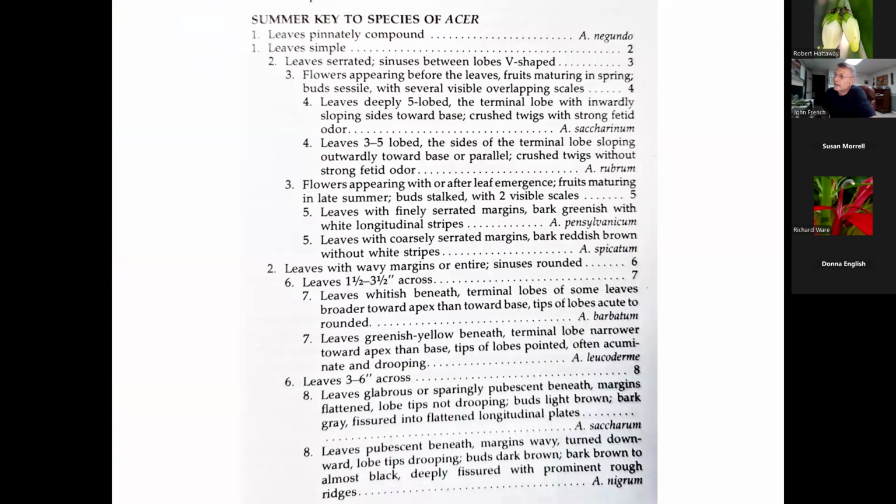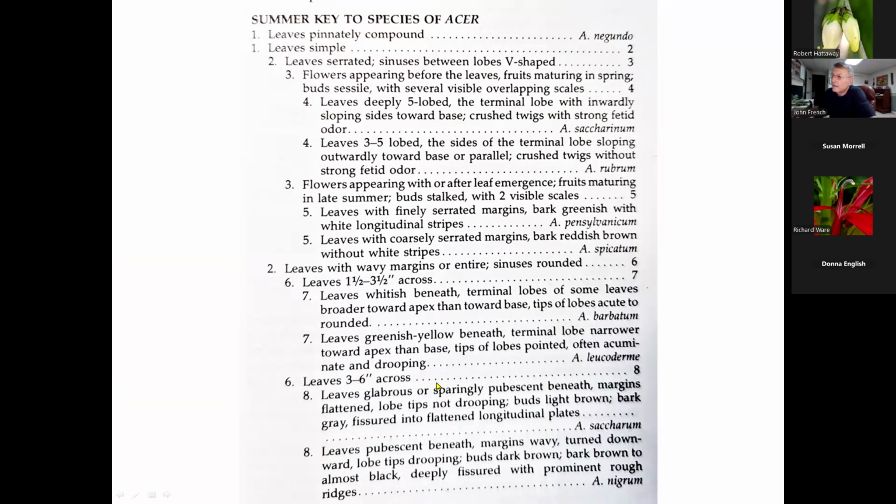Yes. All right. Leaves deeply 5-lobed, the terminal lobe with inwardly sloping sides toward the base, crushed twigs with a strong fetid odor, or leaves 3 to 5 lobed, the sides of the terminal lobe sloping outwardly toward base or parallel, crushed twigs without fetid odor.